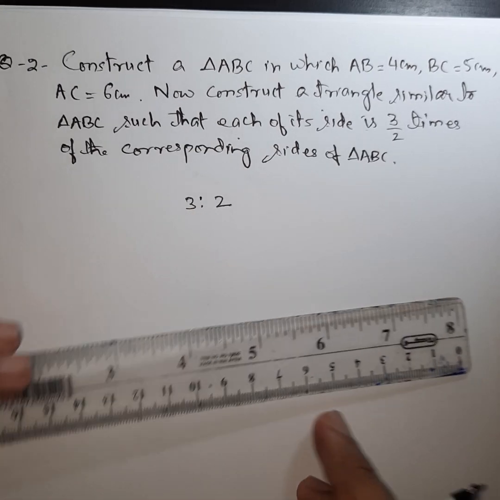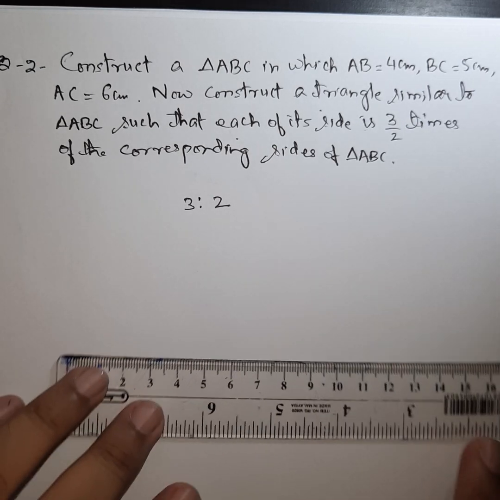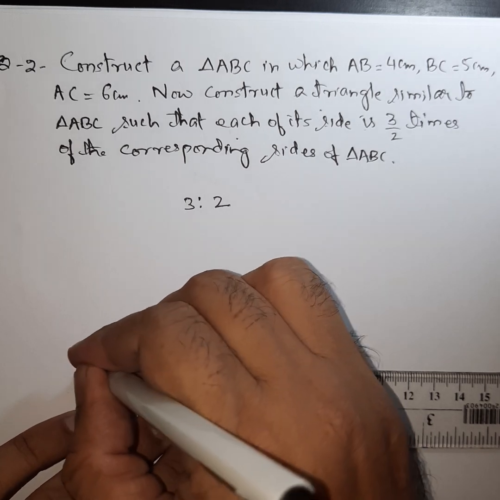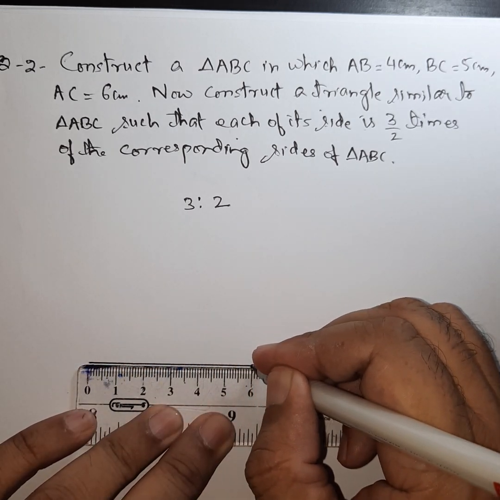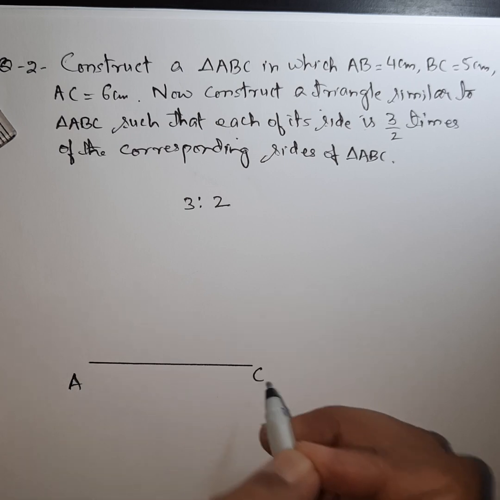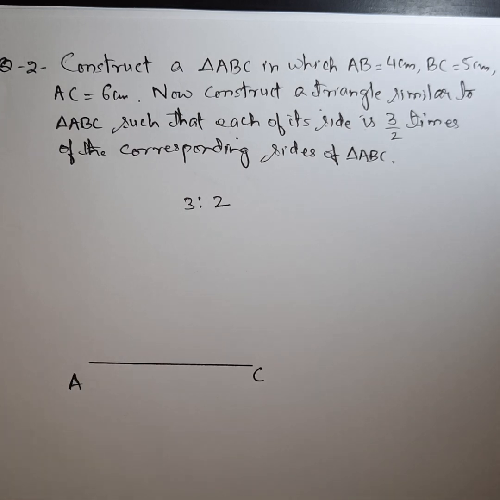So in this part again we have to draw the triangle, but the ratio is 3:2 and other things are same. So we will take the same way, 6 centimeter base. So AC is 6 centimeter, and then draw two arcs. One is 4 centimeter, that we have done in the previous questions.